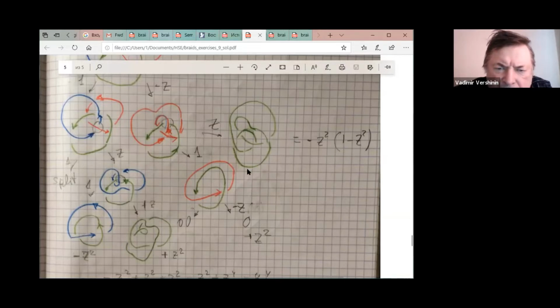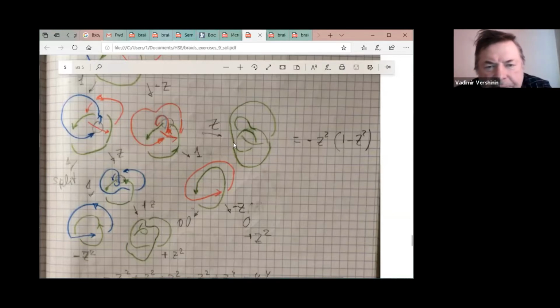Actually, it is, yeah. This is 1, 2, 3, 4. So if you have an alternating link, this is actually the knot. Alternating knot with 4 crossings.